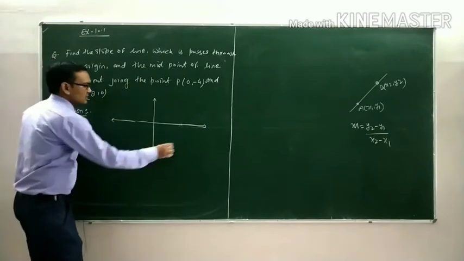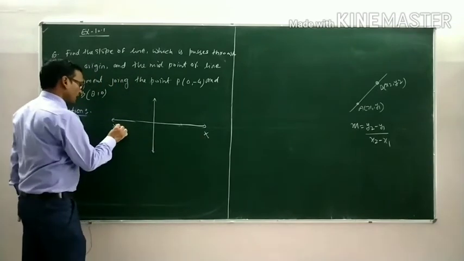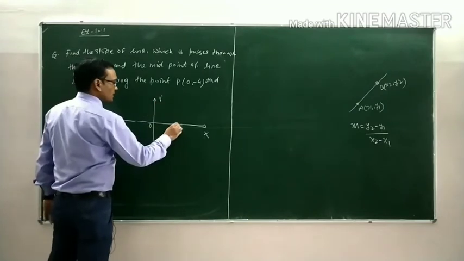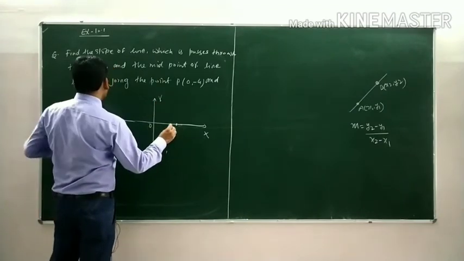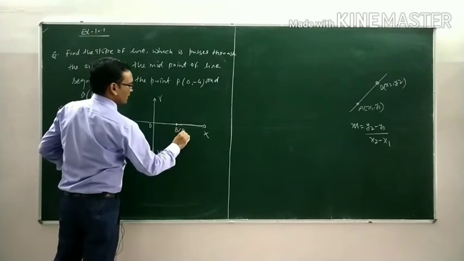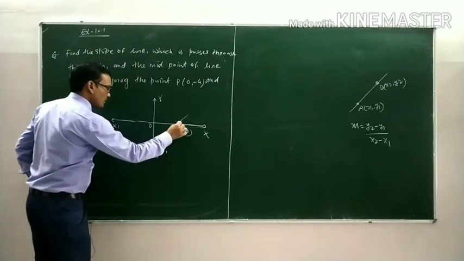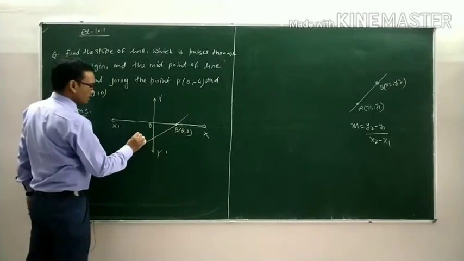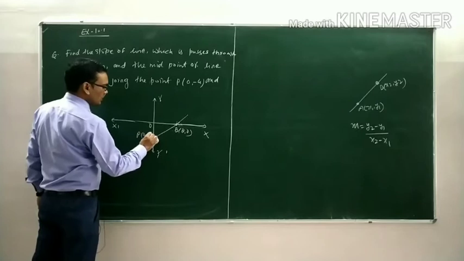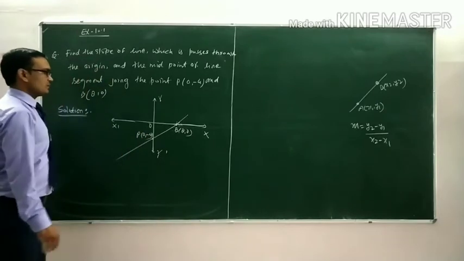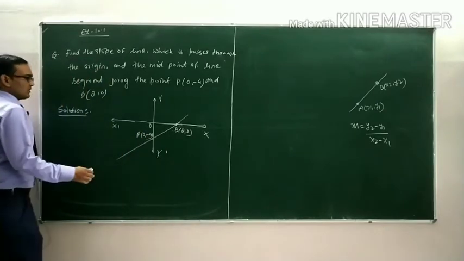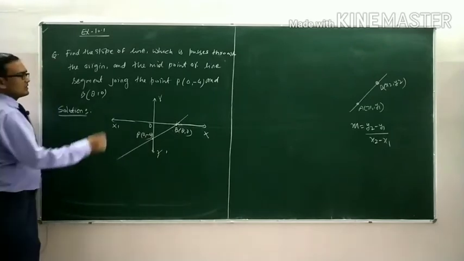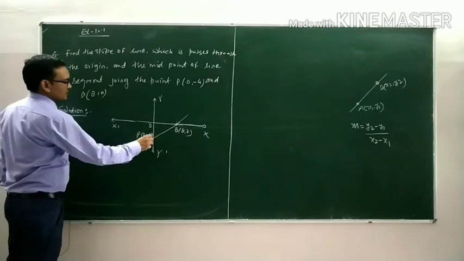Okay students, x dash, y dash, O. Here point B is (8, 0) and here the point P is (0, -4). We find the midpoint of the line segment PB.